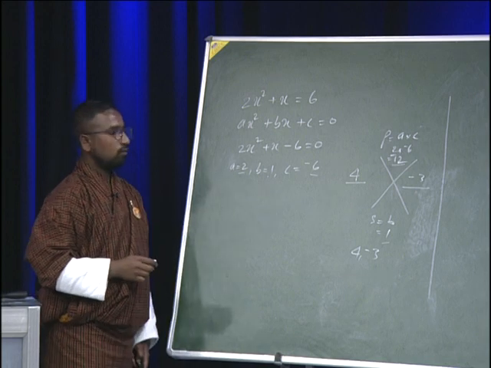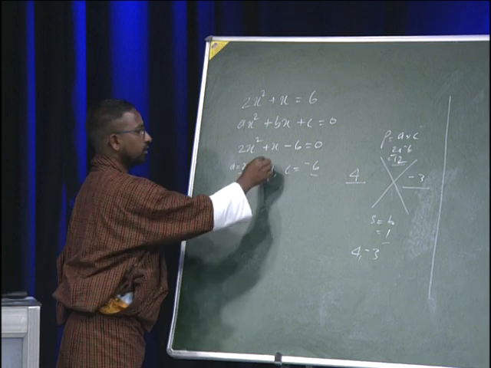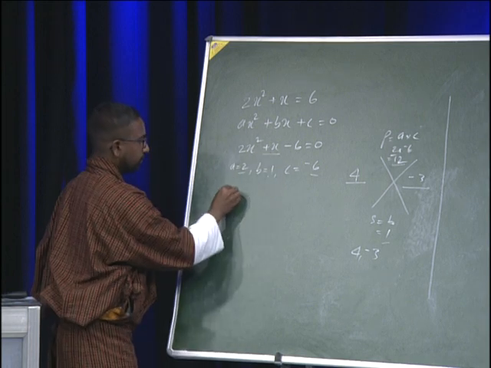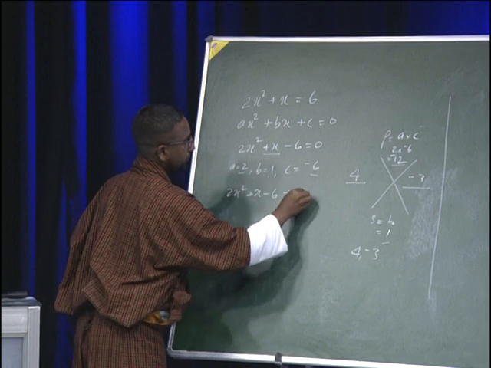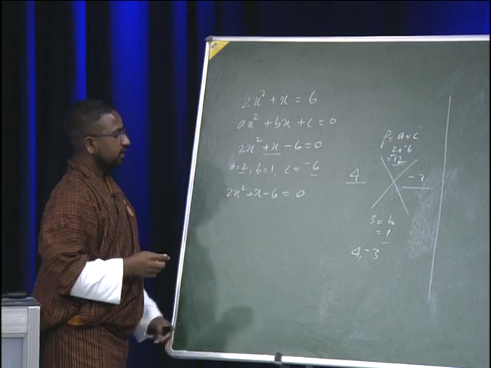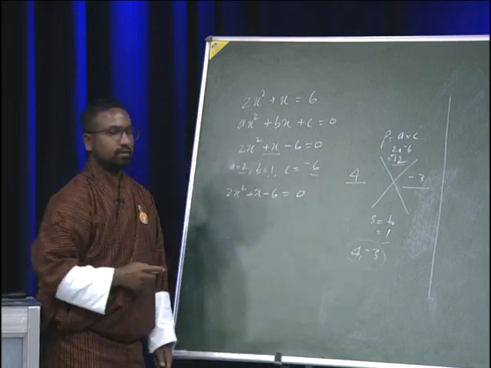Now, next what we can do is rewrite this middle term. You have 2x square plus x minus 6 equal to 0. So, rewrite this middle term using those two numbers that we have found.